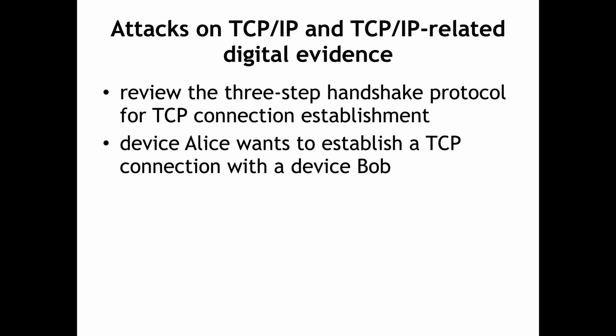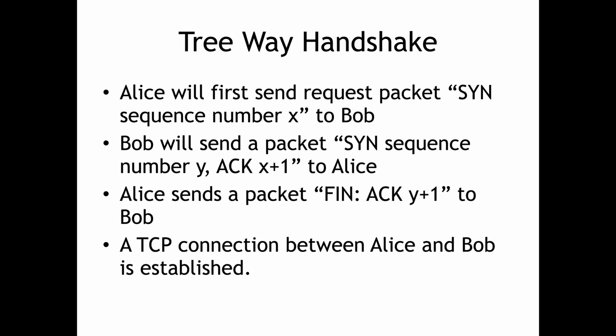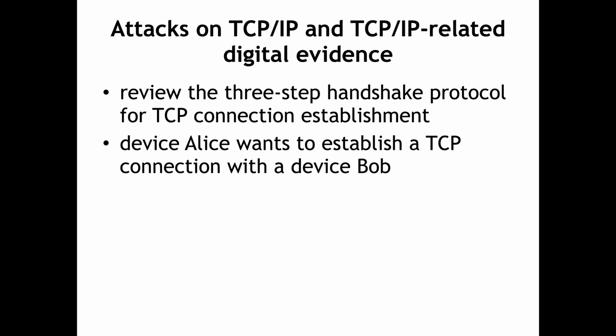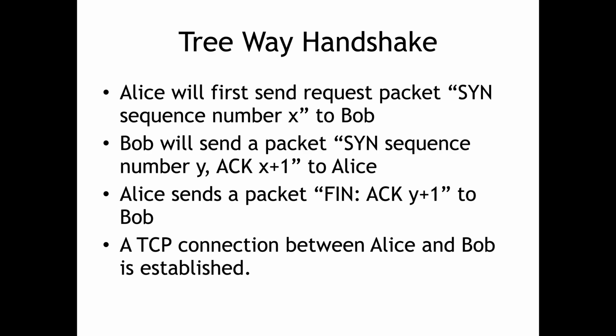So if I move forward here, we look at the case where Alice wants to connect with Bob using a TCP connection. First of all, Alice sends a request packet to Bob.